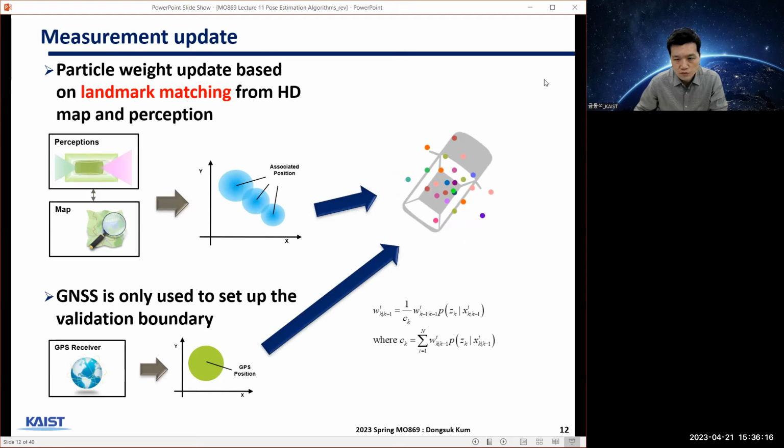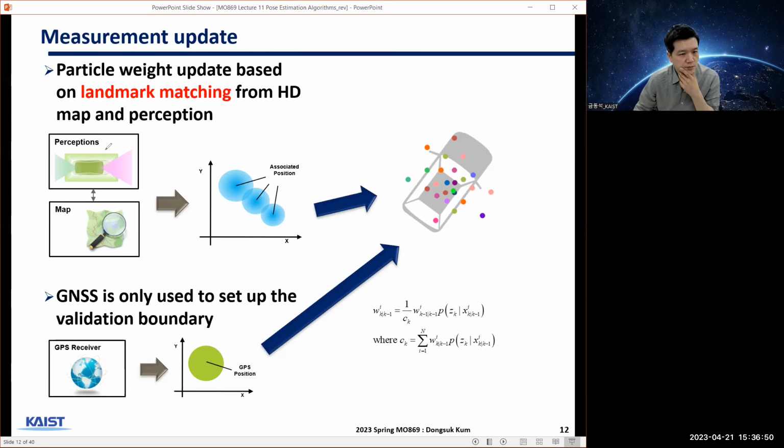Right. So what about landmark matching? If we have a map, then we can do matching. We can apply the matching to keep the distribution small and bounded. So the principle is the same, but the method is different here.